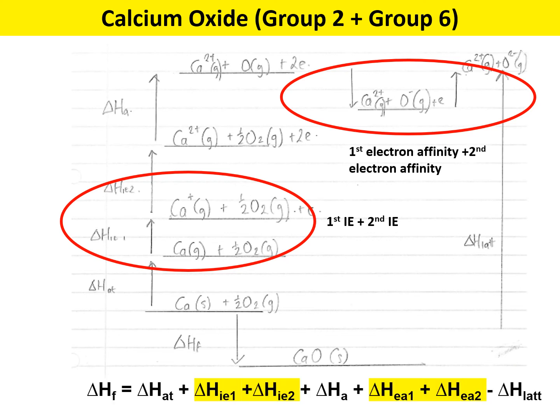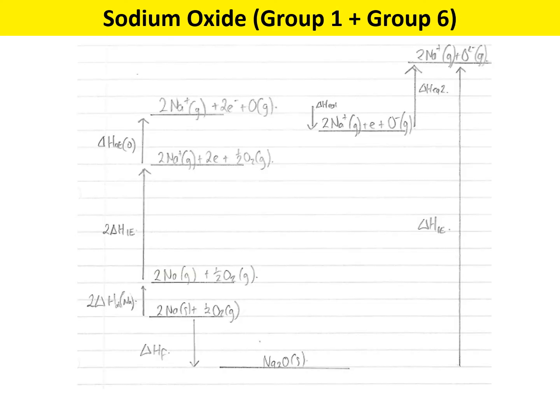Remember then, when you construct the equation, that you have your first ionization energy and second ionization energy of calcium, and you also have the first electron affinity of oxygen and the second. The final example is sodium oxide, which is a group 1 metal with an oxide.